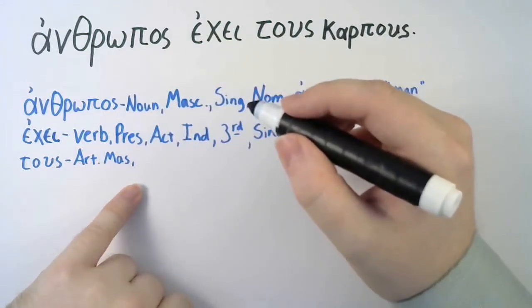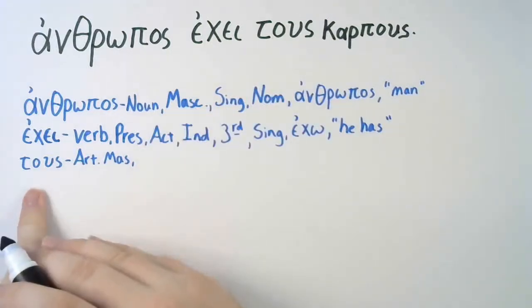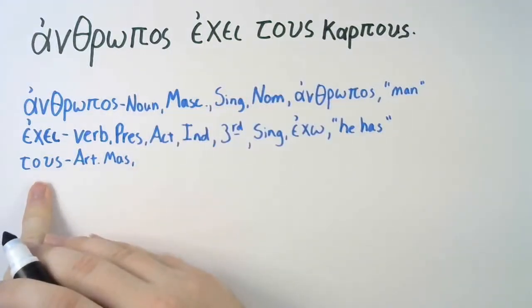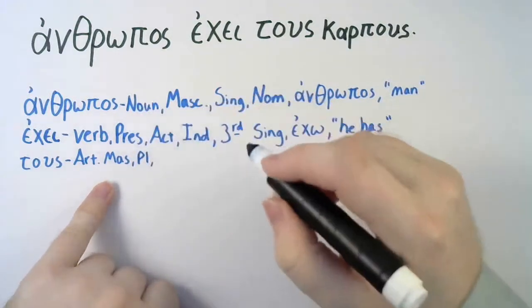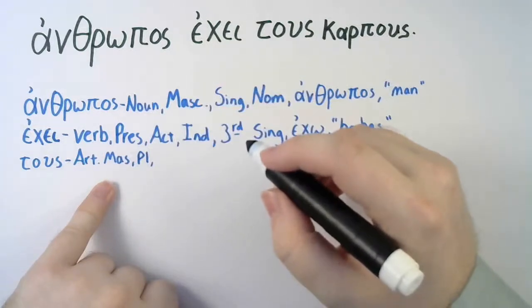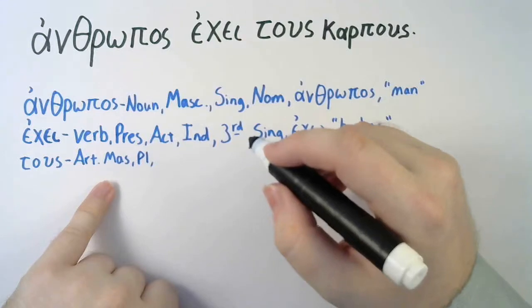And let's see, what's its number? Tous. Its number is plural. And now its case.